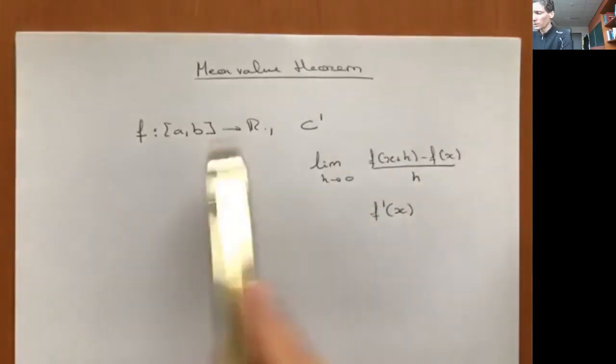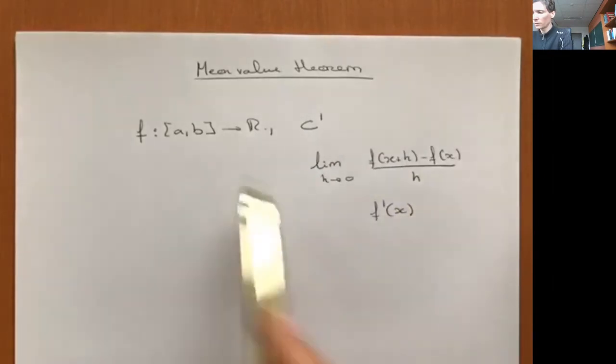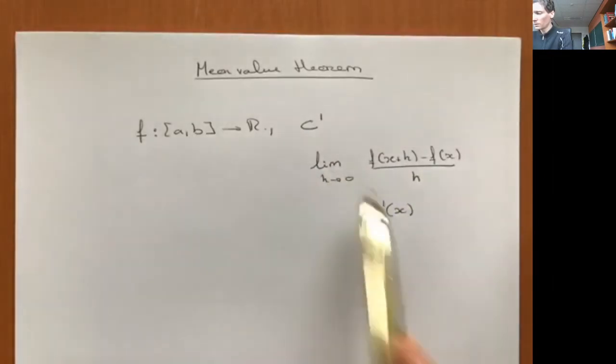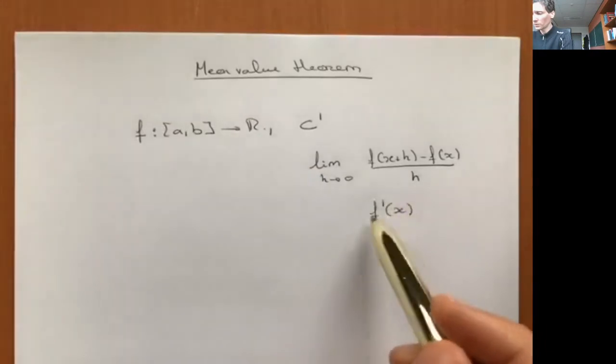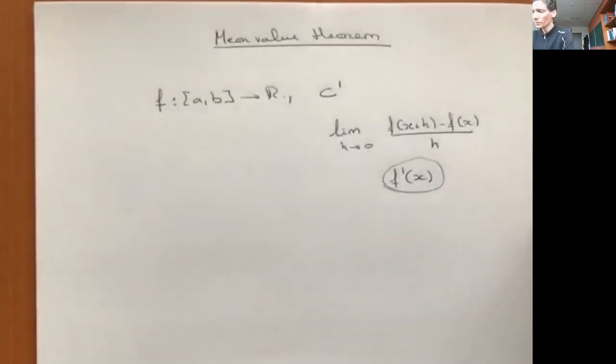Okay, so C1 states that this exists for every x in the domain (a,b), and this function f'(x) is also continuous. So what does the mean value theorem tell you?